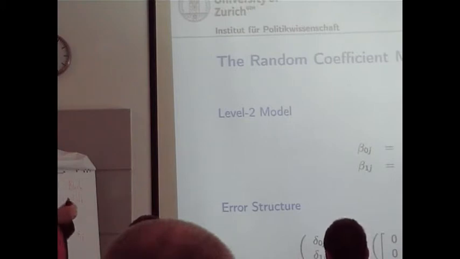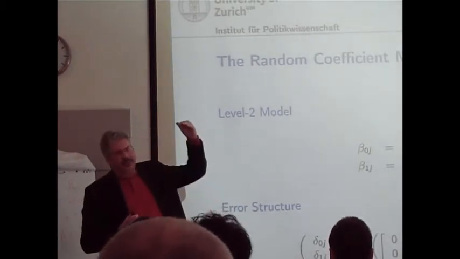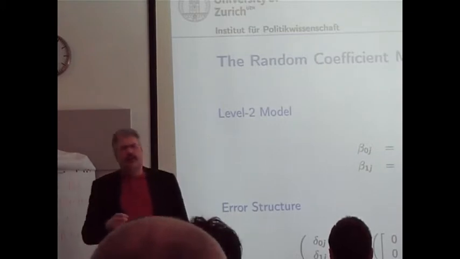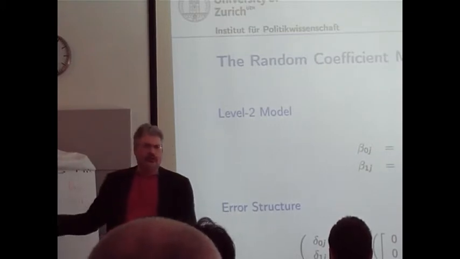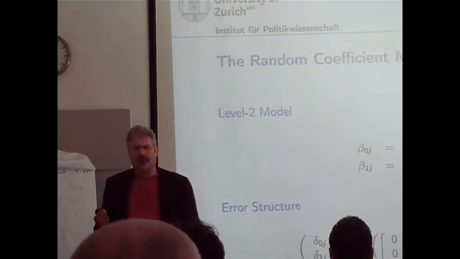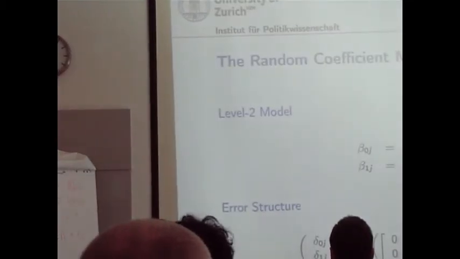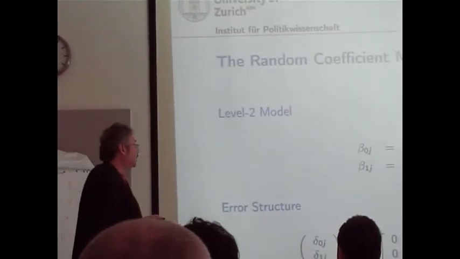Because we could say, well, maybe in places where the intercept is very high, the slope is very low. That would be a negative correlation between delta 0 and delta 1, or vice versa. If the intercept is high, the slope is also high, that would be a positive correlation.